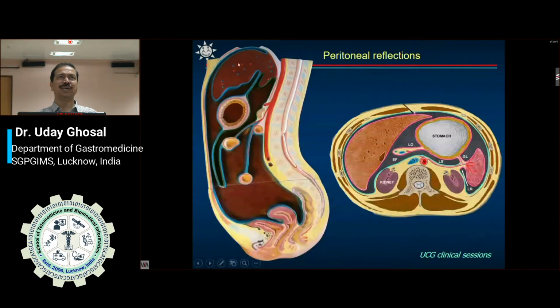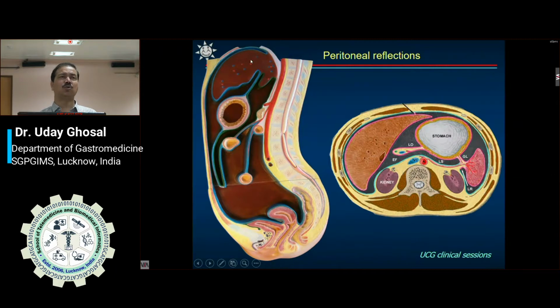This is the peritoneal compartment. If you remember the peritoneal reflection, this is the parietal peritoneum that covers the inner side of the abdominal wall. Then near the bare area of the liver, it reflects back to cover the liver on its anterosuperior surface, and goes to the base of the liver, or inferior surface of the liver.